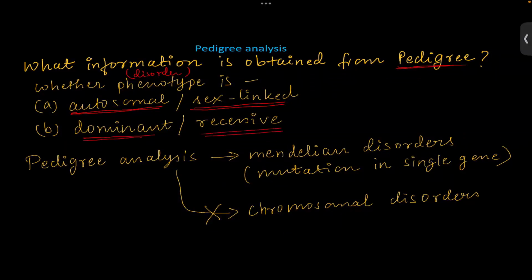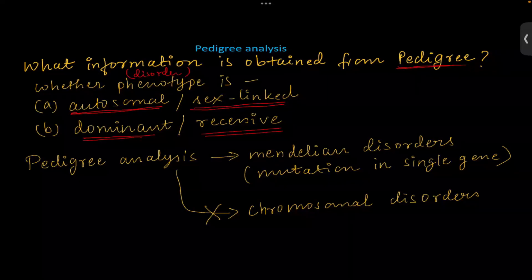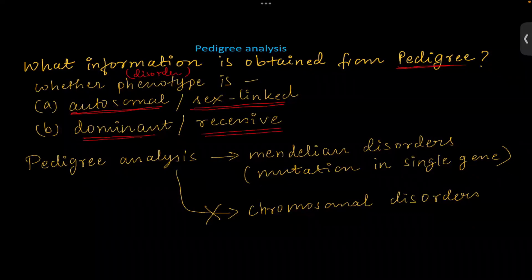If it is a dominant allele, the person heterozygous for that dominant allele will show the phenotype, whereas the person not carrying the dominant allele will be normal.